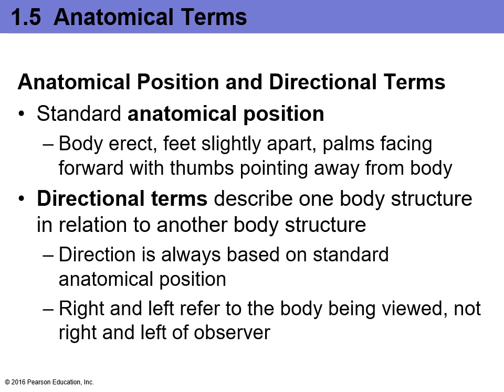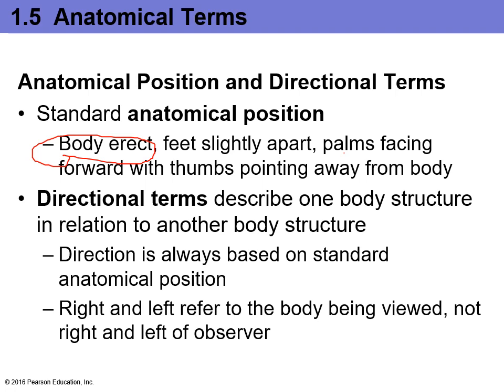The standard position in A&P is when you have your subject or your patient standing up straight in an erect position. Feet are pointing forward, slightly apart. The palms are outward facing with the hands on the side of the body, and the thumbs are pointing in a lateral or sideway direction, away from the center point of the body.